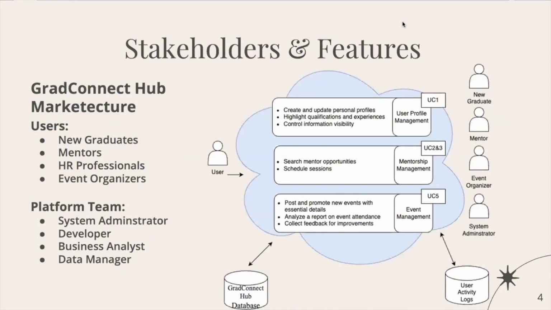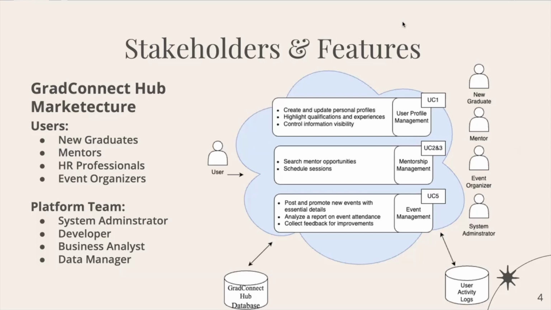Next, we will proceed to the architecture diagram, which displays the stakeholders involved with Grad Connect Hub and their interaction with its features. Our primary users are new grads who are supported by mentors and HR professionals. Event organizers create professional events for all platform users.